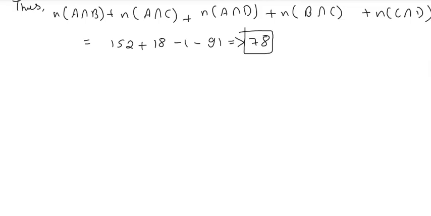Now number of rats who have exactly 2 genetic mutation is equals to 78.